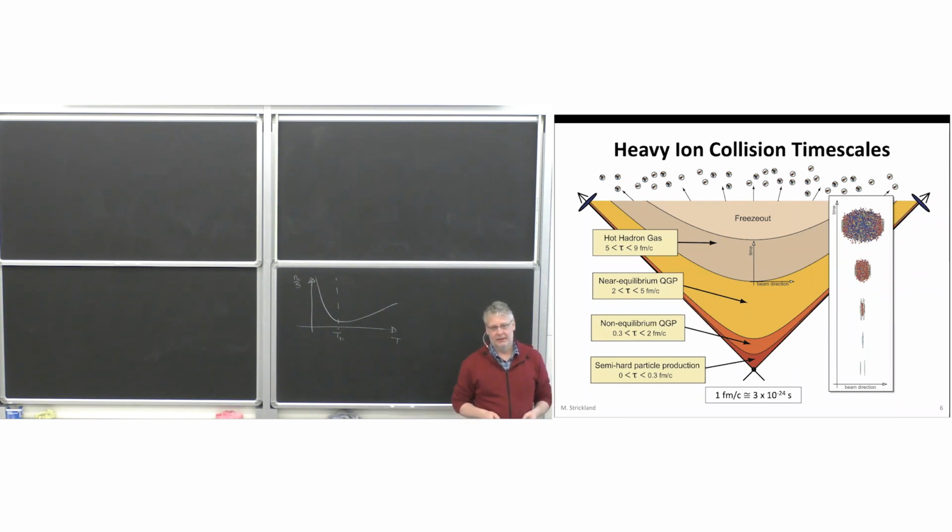You don't keep them in a box. So it's out of equilibrium, in equilibrium, then out of equilibrium again. And the thing that we really count on is that at this moment of freeze out, they're close to equilibrium. That's the only thing that we kind of require. And even that can be slid a little bit.